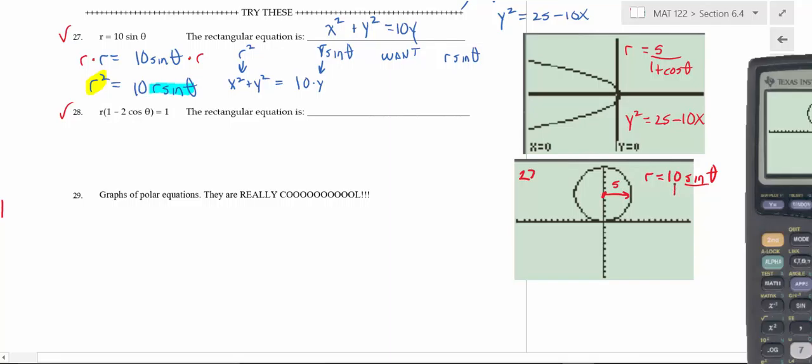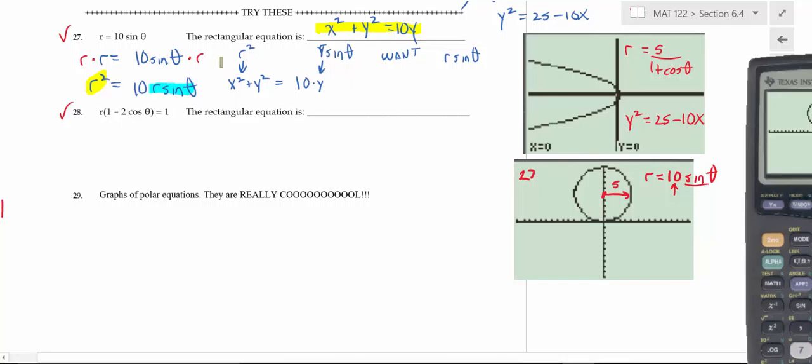So half of that 10 gives the distance from there to there. You don't have to know these structures, but I'm adding this in as I teach this. What you're trying to learn is how to convert polar equations to rectangular and vice versa.